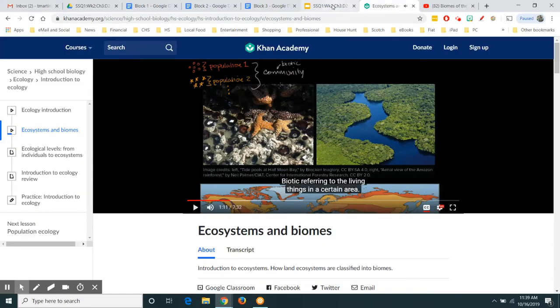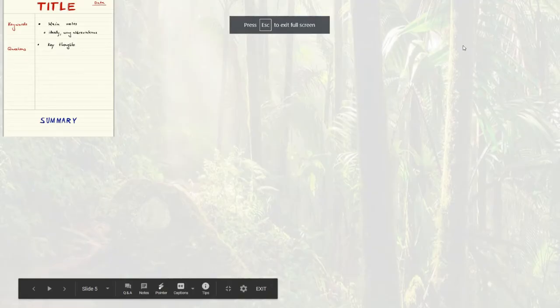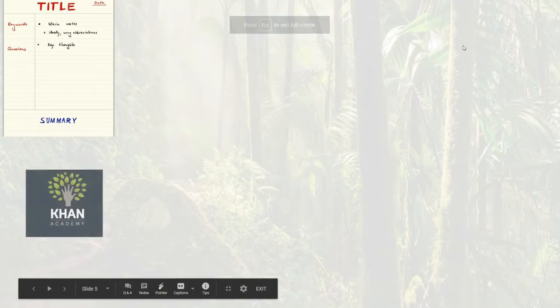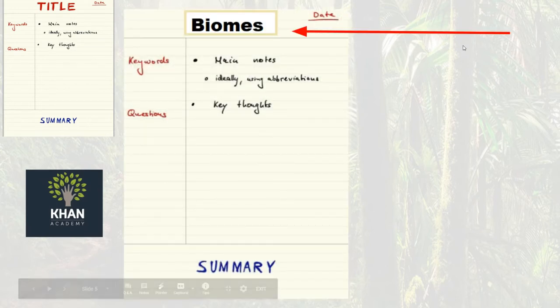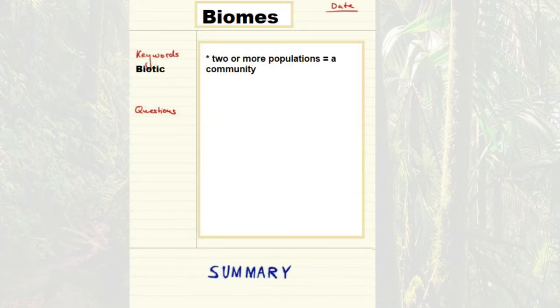Okay, let's pause there and go back over to our notes. So Khan Academy has said some information. Oh shoot, I went over the wrong way. Let me get over to this one. So in our biomes and our note-taking, he mentioned the word biotic, living things, and 2 or more populations equal a community.